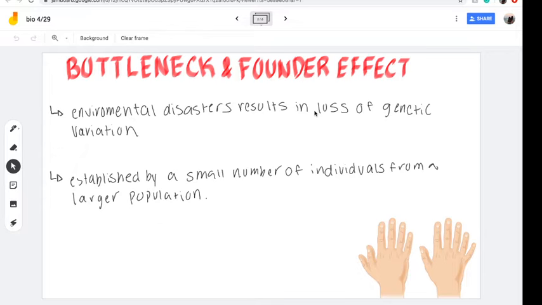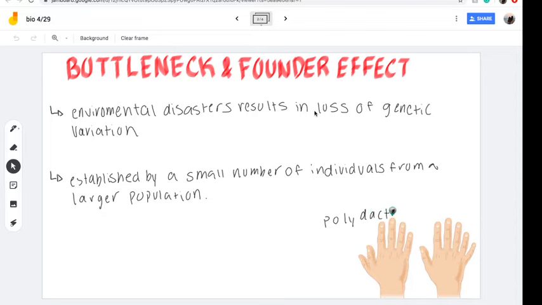An example of a founder's effect is an incident that occurred in the Old Order Amish of Lancaster, Pennsylvania. They all descended from a small group of settlers who came to the United States from Germany in the 1770s. Apparently, one or more settlers carried the rare but dominant gene for polydactyly, which is a gene that codes for having extra fingers and toes.